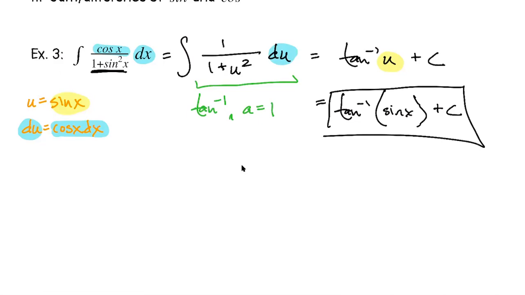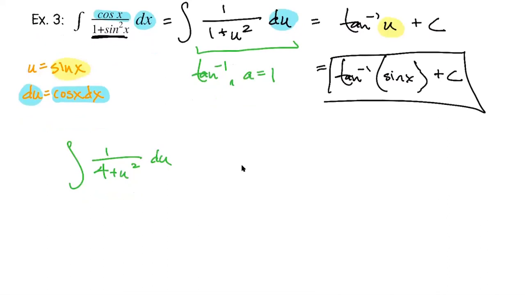Karen asked a great what-if question: what if you had 1/4 plus u squared and you were trying to find that integral? Then your a is 2, not 4. The way that comes out in the answer is 1/2 arctan of u over 2. So it's exactly like you said, Karen.